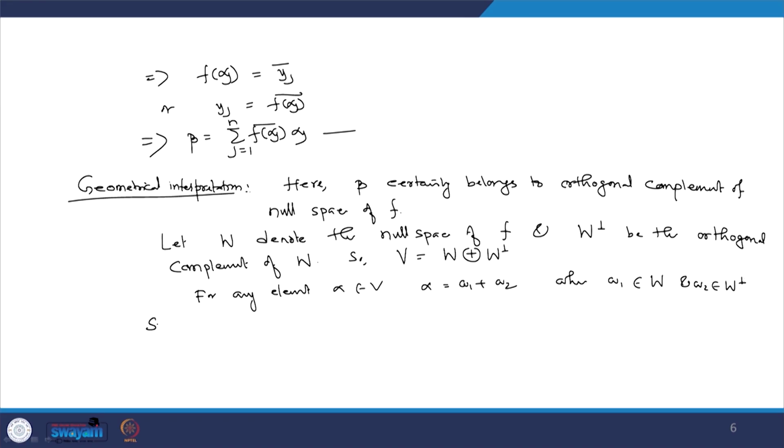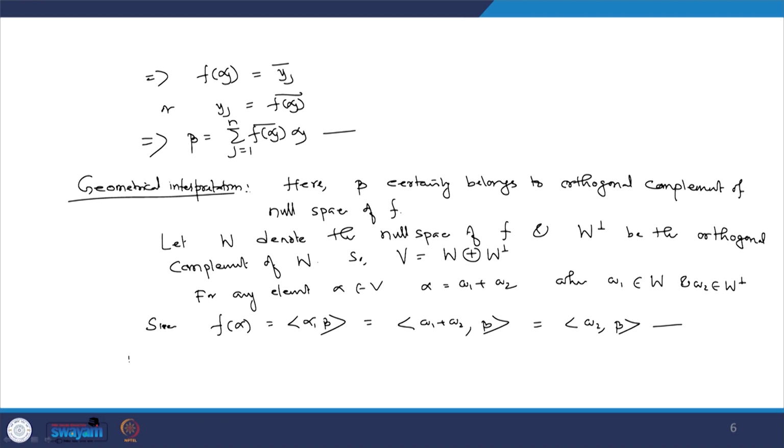Since f of alpha equal to inner product of alpha and beta, I can write inner product of W1 plus W2 and beta. So, this will be equal to inner product of W2 and beta, because inner product of W1 and beta equal to 0. So, that is why it is like this only.